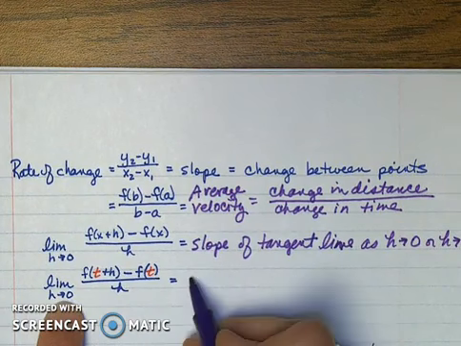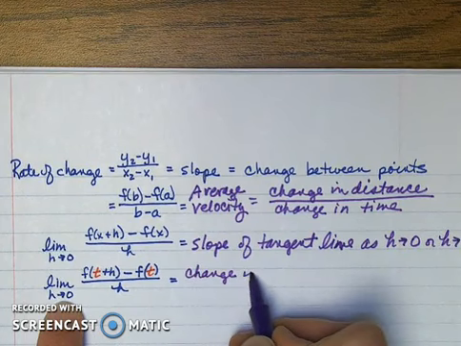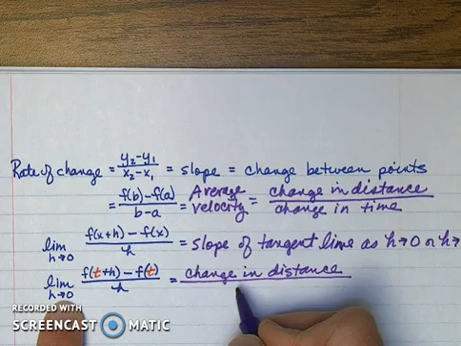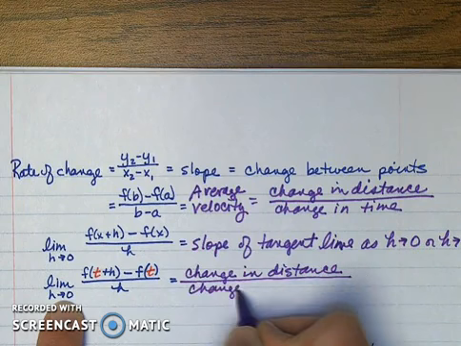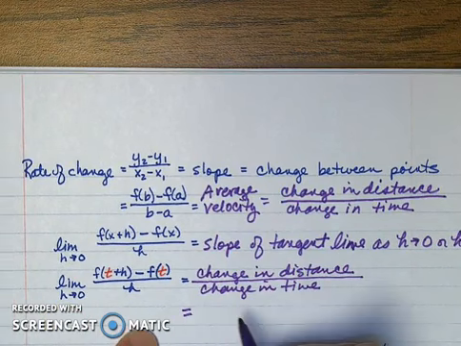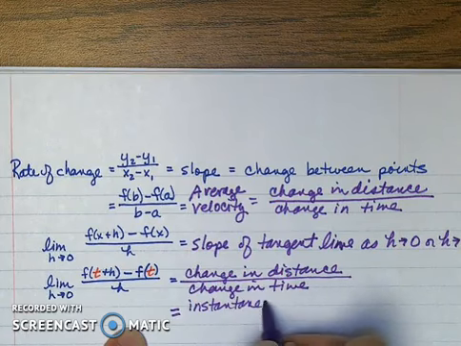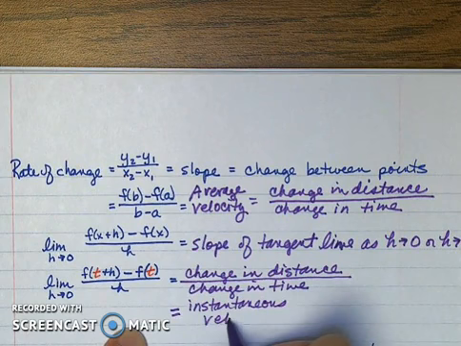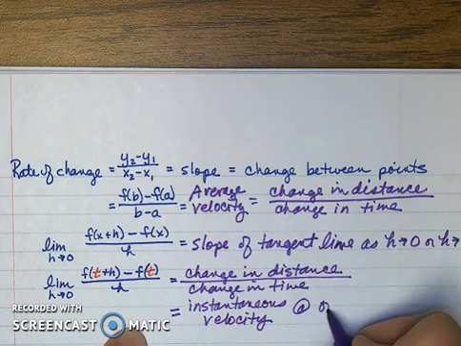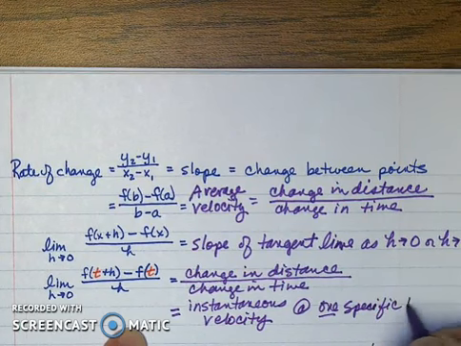I'm calculating the change in distance relative to the change in time, but this time we call it the instantaneous velocity, because it happens at one specific time of t.